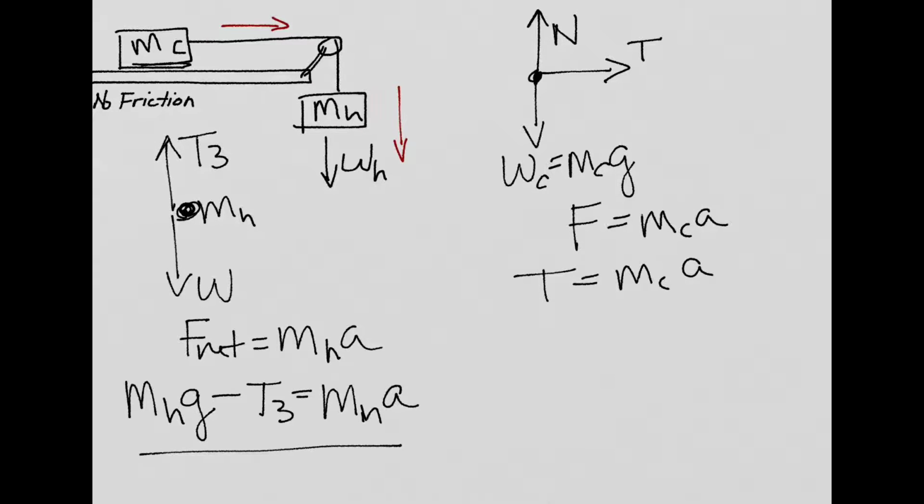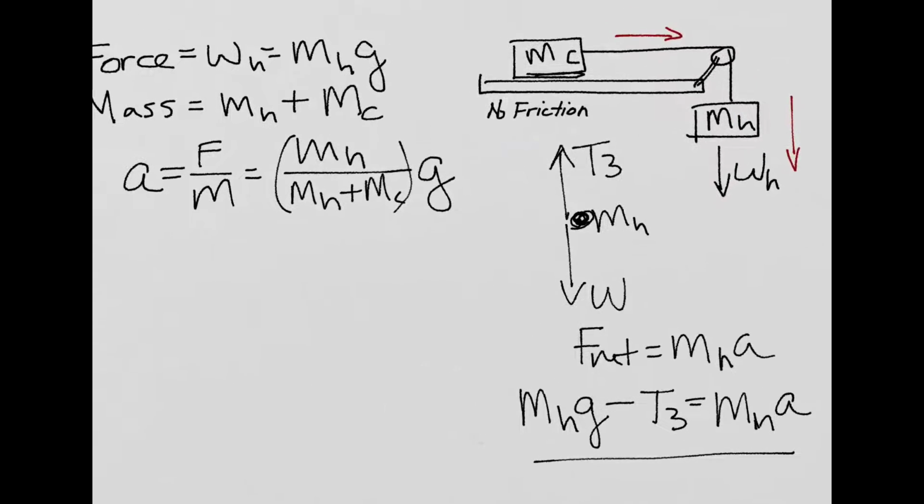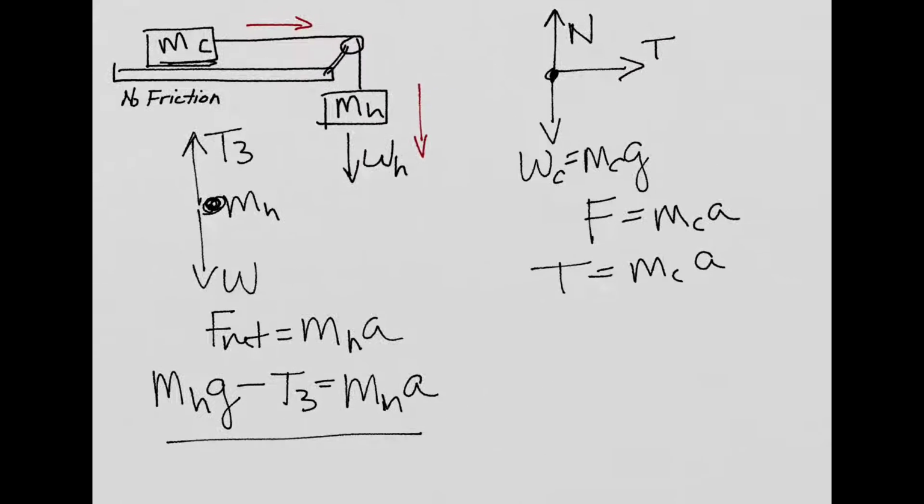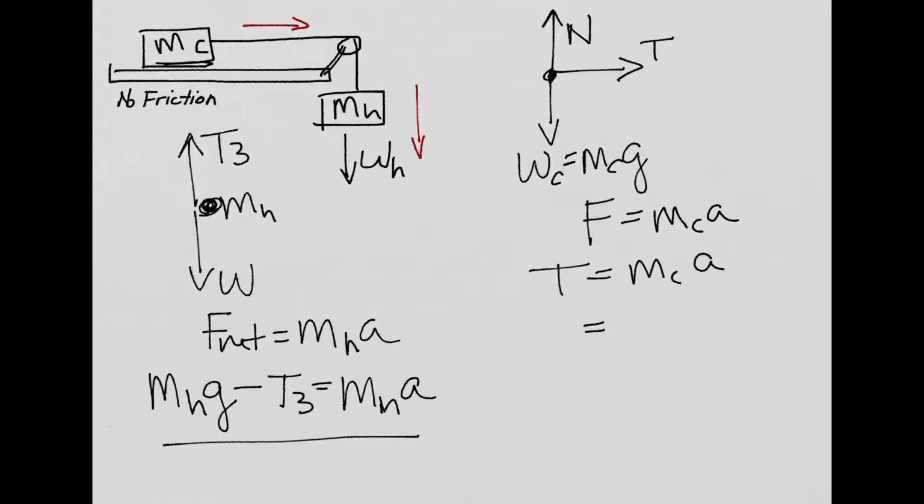Now, in this situation, I don't know a, but I have a really nice expression for a from before. So if I look at that, I can substitute that in here. I get mc mh over mc plus mh times g. Okay? And what we find, if you evaluate this expression here, is that the tension in the wire is actually less than mhg. So mhg is just the weight that causes this whole thing to move.